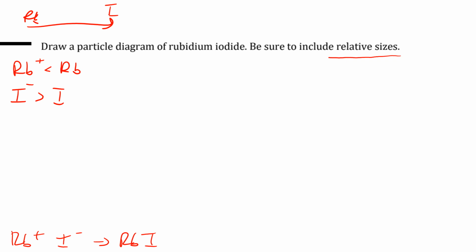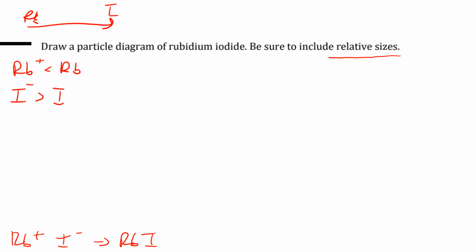draw out our diagram? A particle diagram or particulate diagram is a sort of microscopic drawing that represents ions or molecules in solution interacting with each other, etc. So to draw a particulate diagram of an ionic compound, you need a few things to make it correct.